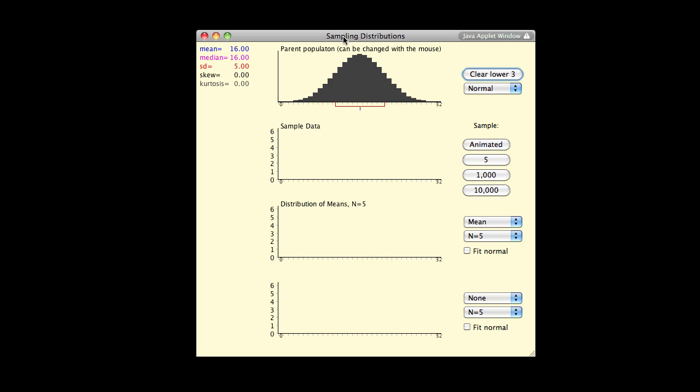So remember, it said that we could take a set of non-normally distributed data, and if we took the means of that data, it would become a normal distribution as long as we had an adequate sample size. So let's make something that is relatively non-normally distributed.